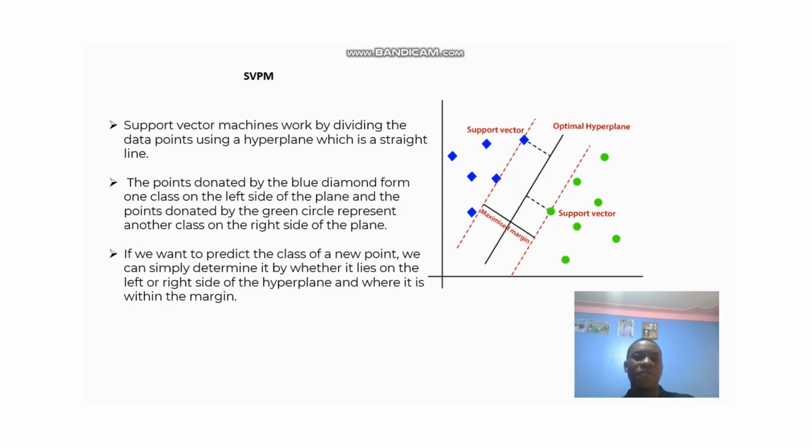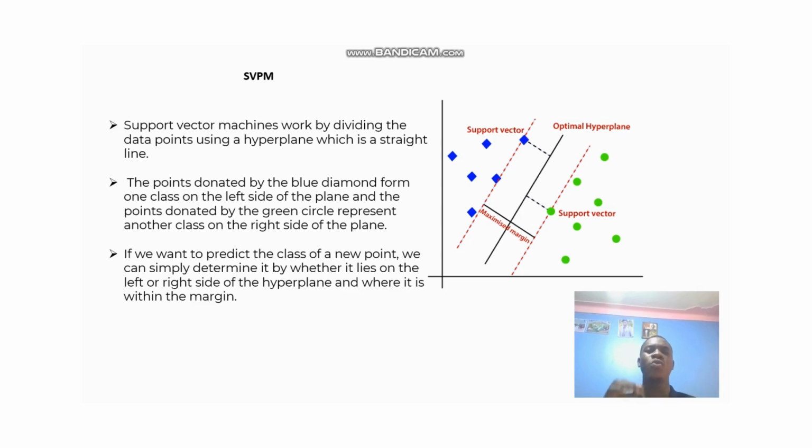Another algorithm we have is the support vector machine. This algorithm works in a way that it splits the data by drawing a hyperplane among the different data classes. This hyperplane is drawn and separates the two different classes or data categories.